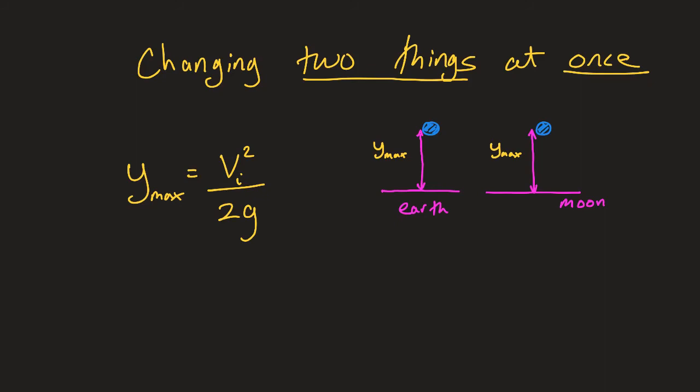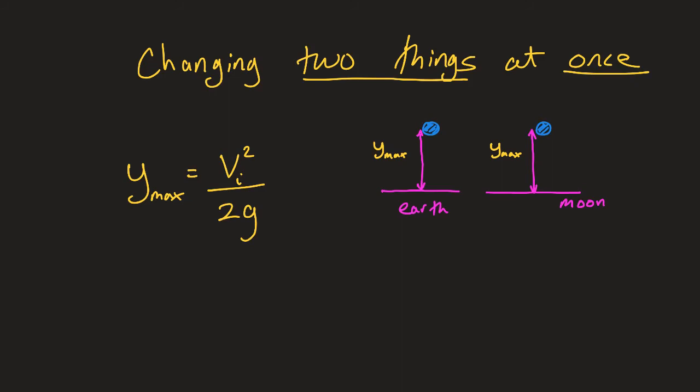All right, let's take you up to the highest level here for where I want you to be able to think. And we're going to change 2 things at once. So again, we have our specific result here, all in variables, that helps us understand this relationship between y max and these other 2 parameters that y max depends upon.